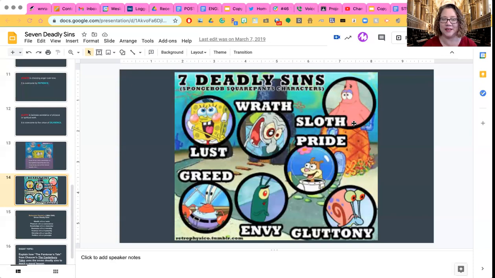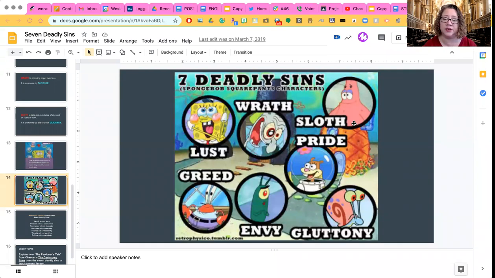He's kind of lazy and messy and that dopey sort of character. But for the medieval people, sloth is about not being religiously diligent. If you're supposed to go to church, do confession, pray the rosary, whatever your obligations are, if you're delinquent in those, then that's the sin of sloth.